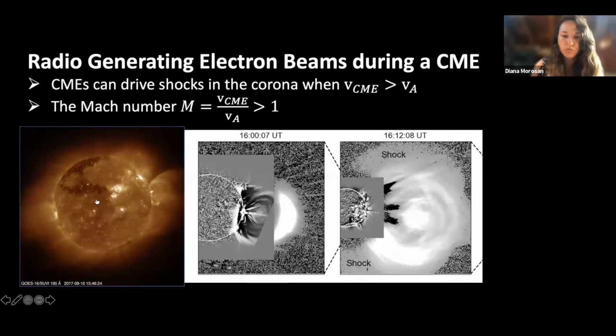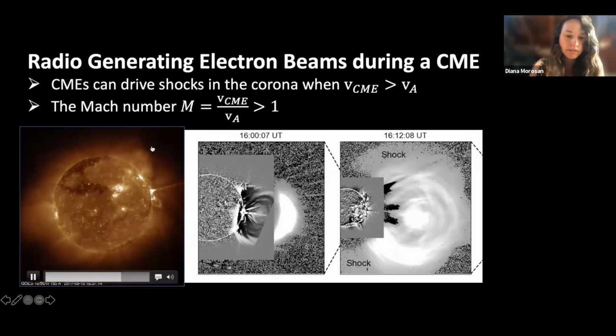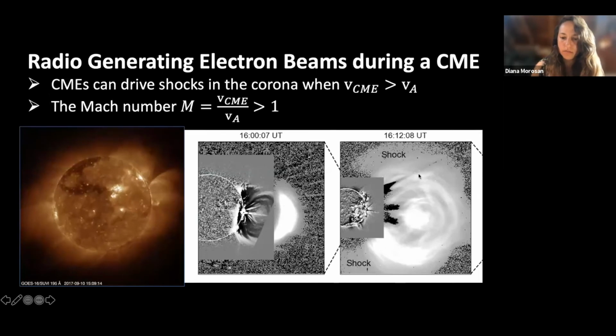Okay, and just to show you some examples, I showed you this flare before. This is a very nice CME. It was one of the fastest from the previous solar cycle. You can see here the CME is ejected all of a sudden. And if you look at it in a combination of images, white light and ultraviolet, especially even further out, this bright white stuff is the CME material, or the driver.